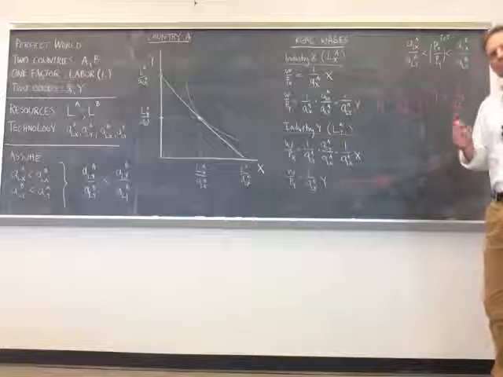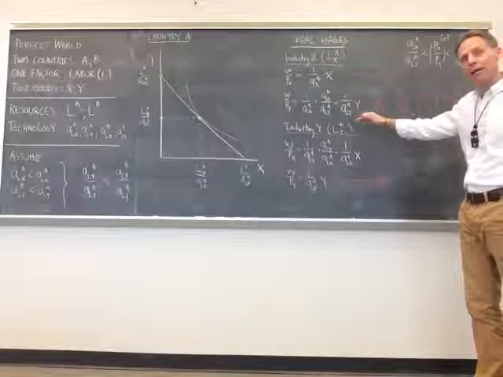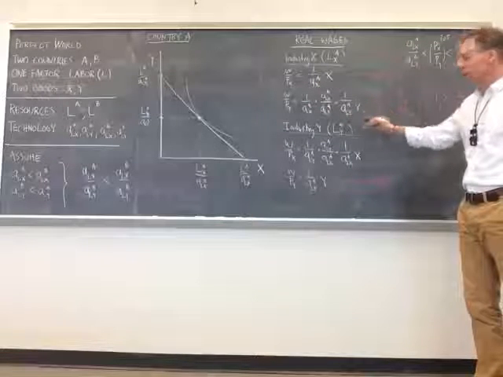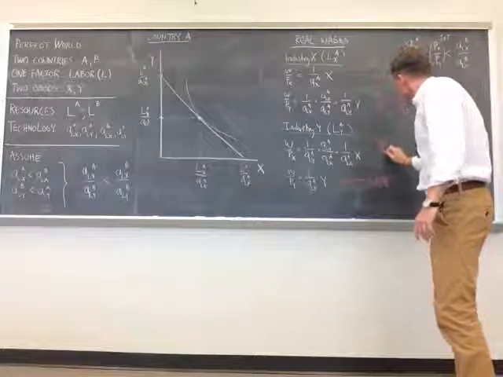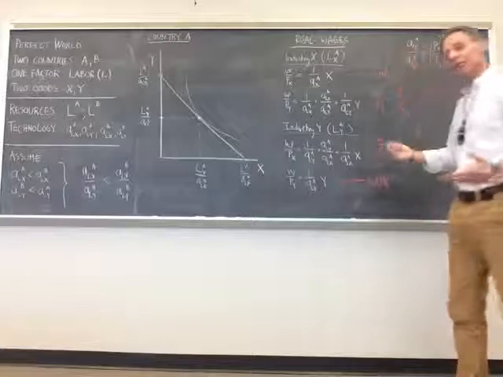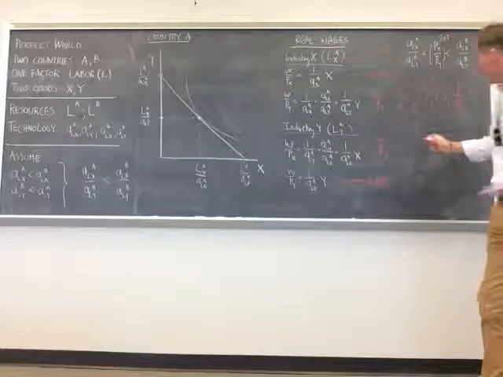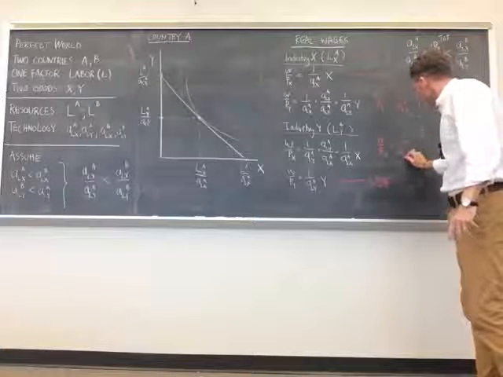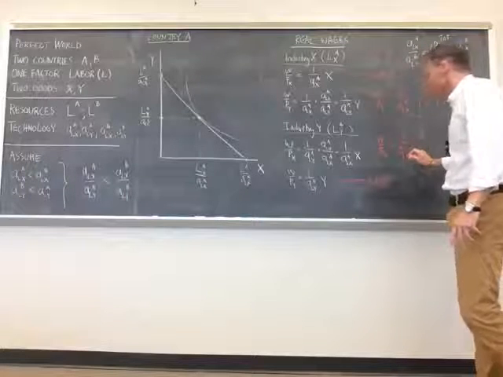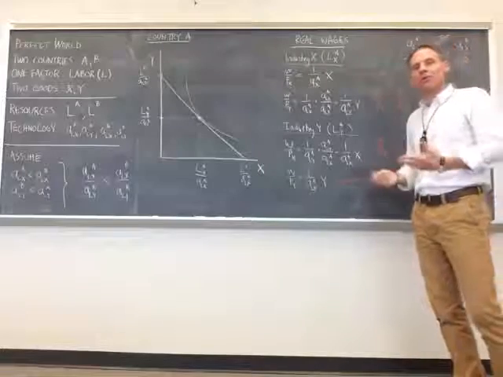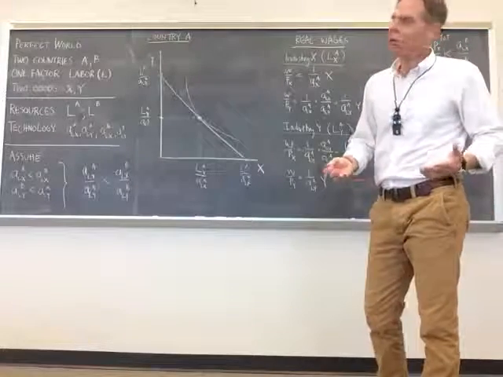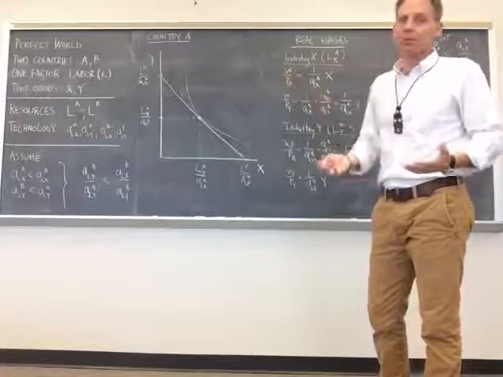However, if the worker in industry Y wants to consume some good X, they're going to have to trade for it. And therefore, the relative wage in terms of good X will be different. So they produce ALY, but now they're trading these Y for good X at a new price. It's no longer the opportunity cost, it's going to be the terms of trade.